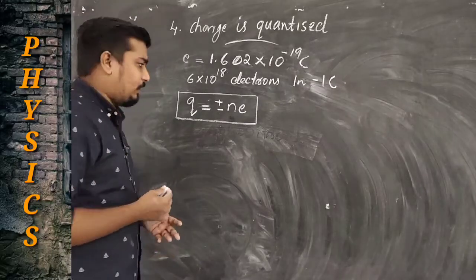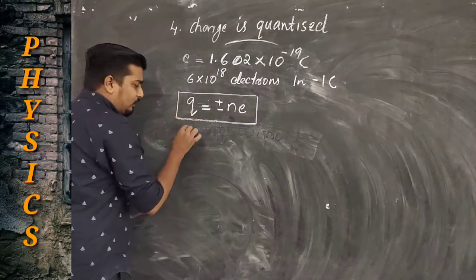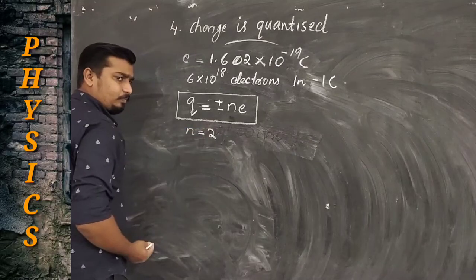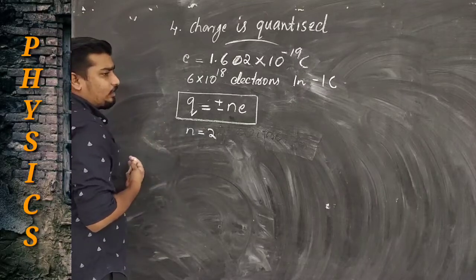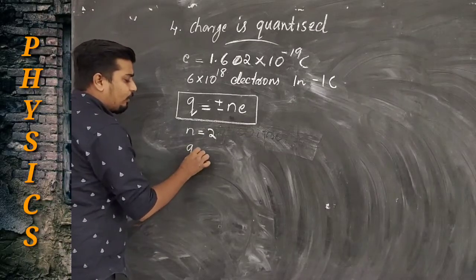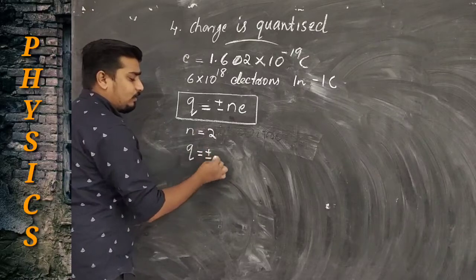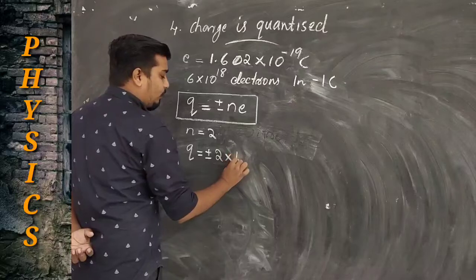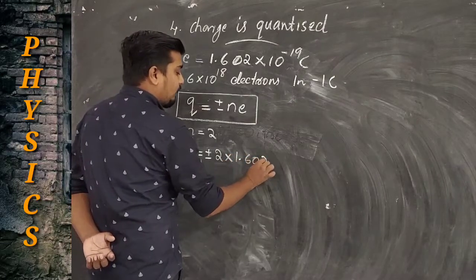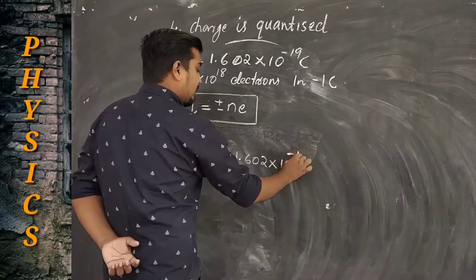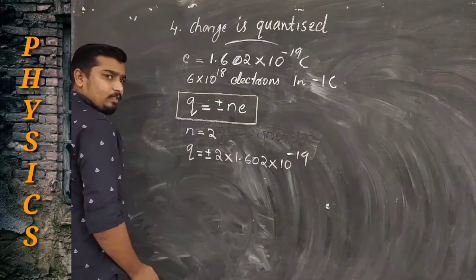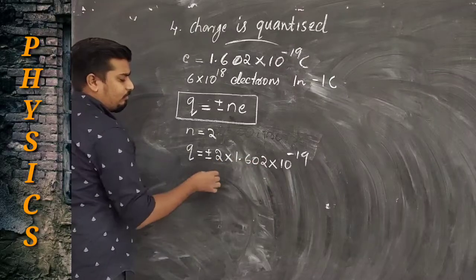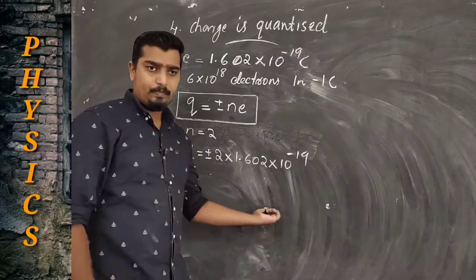For example, if the number of electrons in a body is 2, then the charge on the body is Q equals plus or minus 2 into e, which is 1.602 into 10 raised to minus 19, and we get the multiplication value from this.